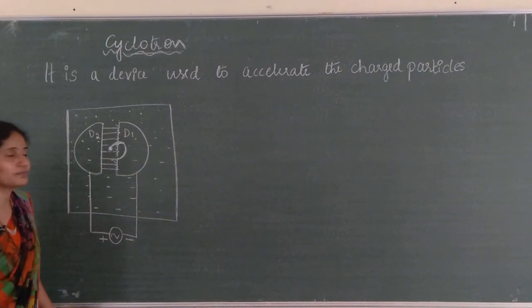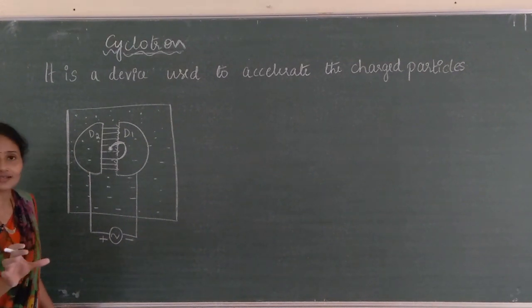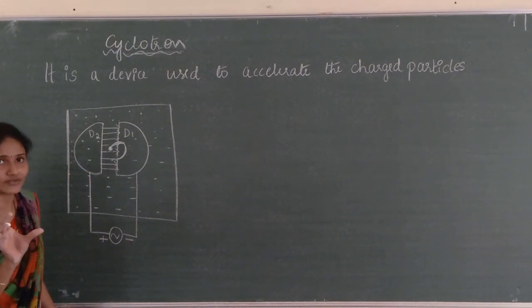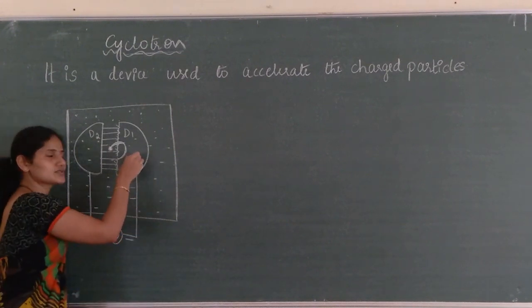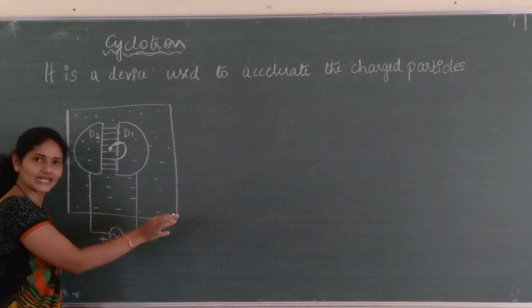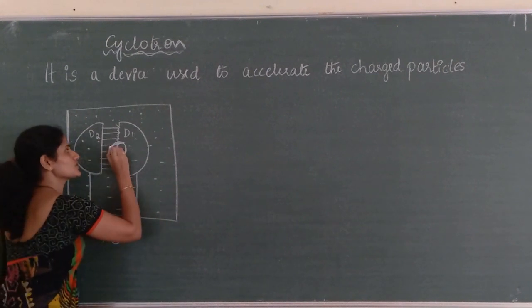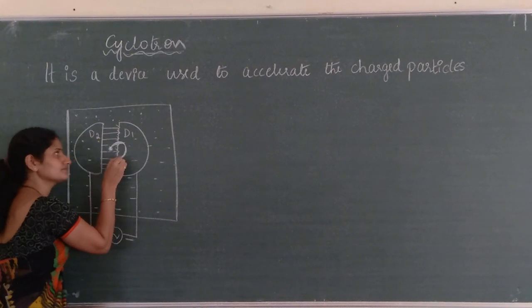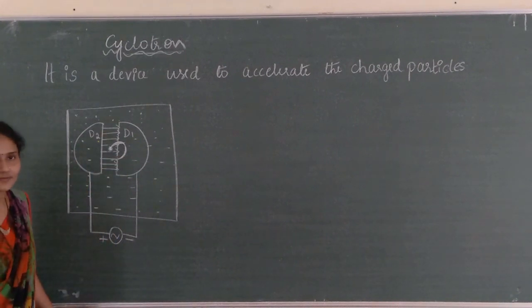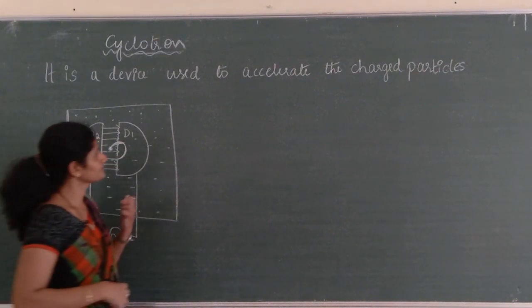We know that when v and B are perpendicular to each other, the charged particle in the presence of magnetic field will describe a circular path. So, inside this D1 there is only magnetic field, electric field is 0. So, the charged particle will move like this. Right? We know that.